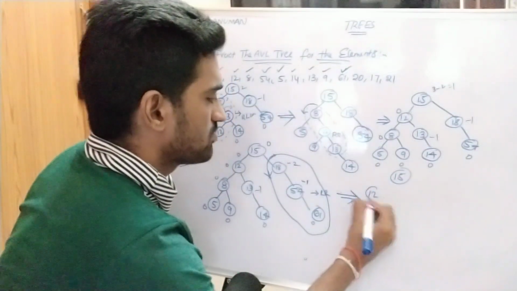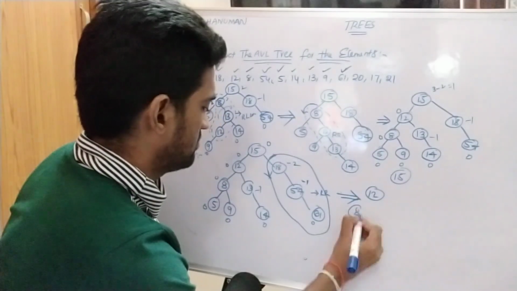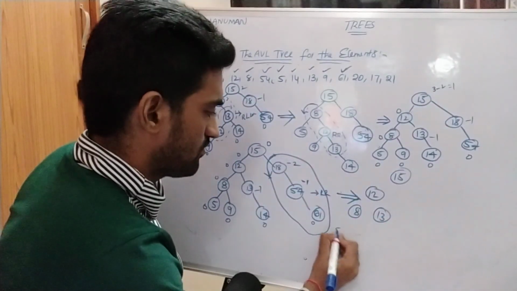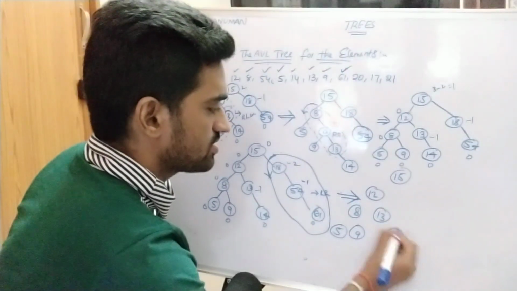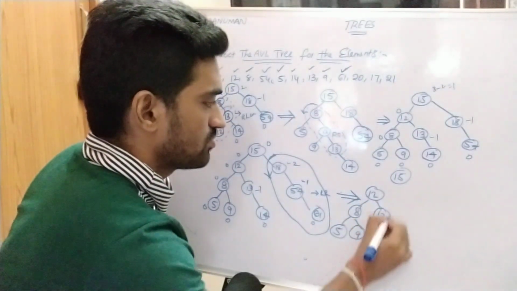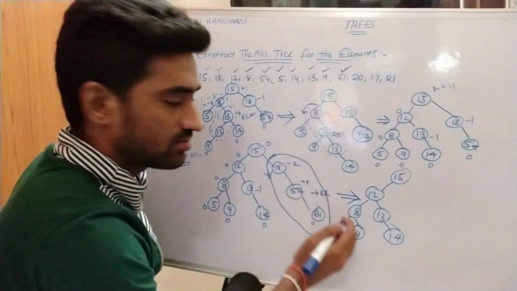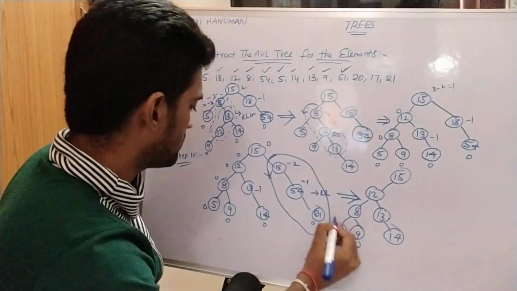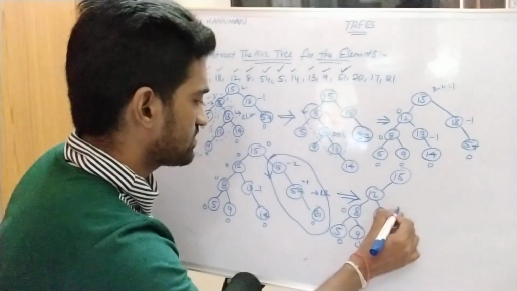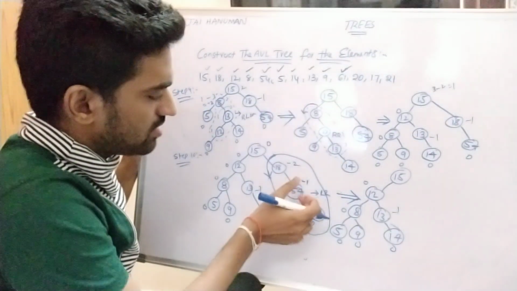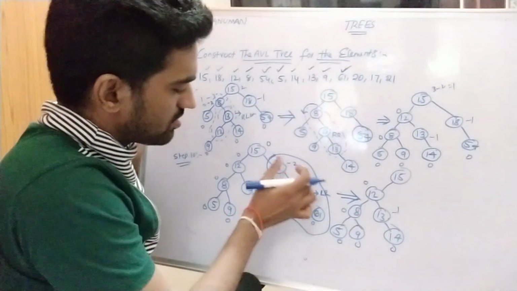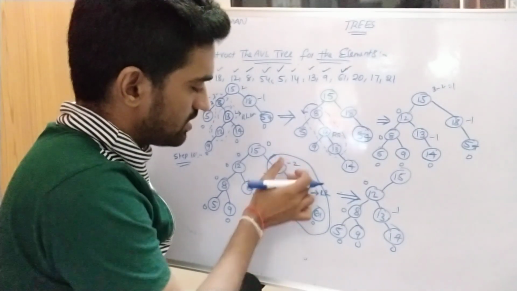This tree is same, 8, 13, 5, 9, 14. Only this tree is affected, right? So balancing factor is also same, minus 1, 0, 0. Fine. So here moving towards left direction.